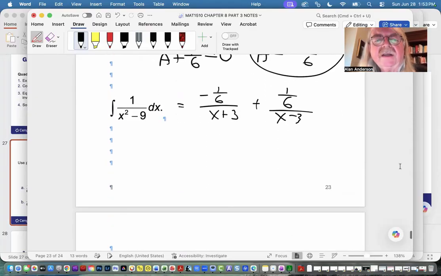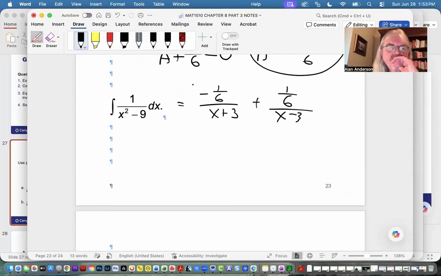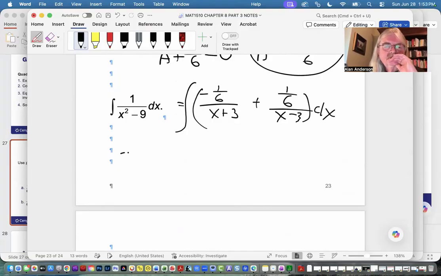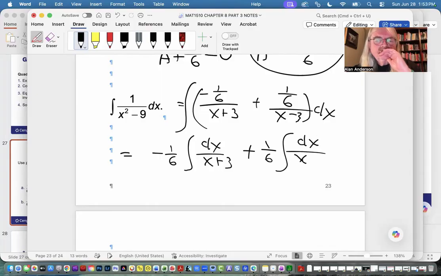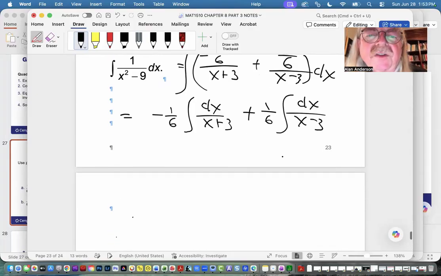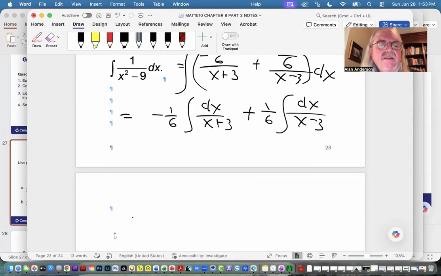And then we're going to integrate. So, of course, these are natural logs again.